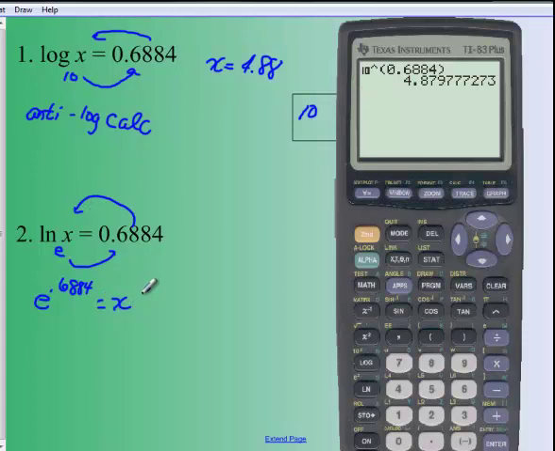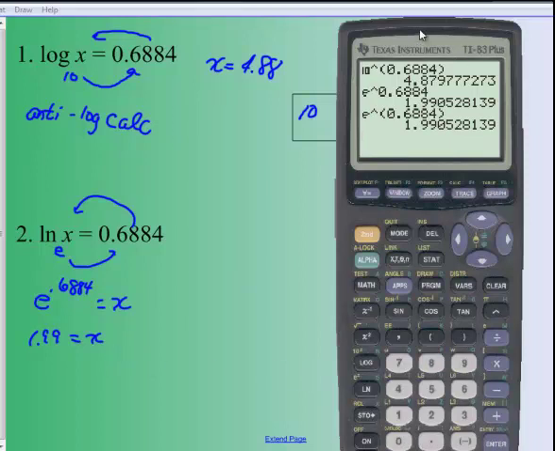I can type it in the long way on the calculator, and E is right there above the division sign. Second function, E to the 0.6884. Whoops, and I can find out my answer is 1.99 roughly. Or I can just anti-log, because if I press anti-natural logarithm, the E comes up. 0.6884.